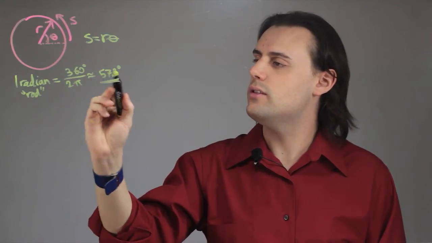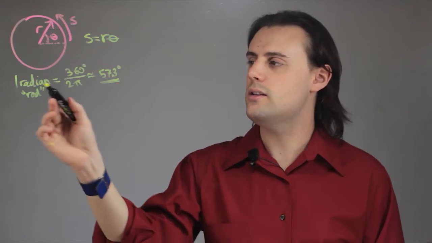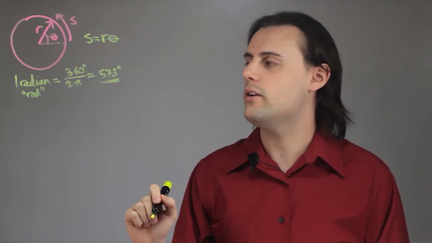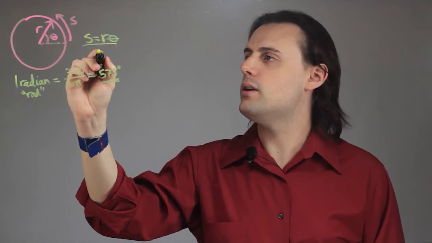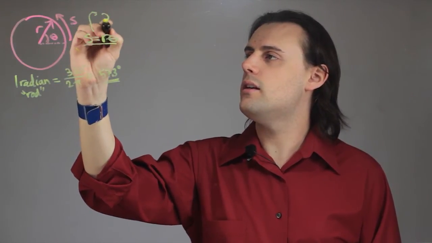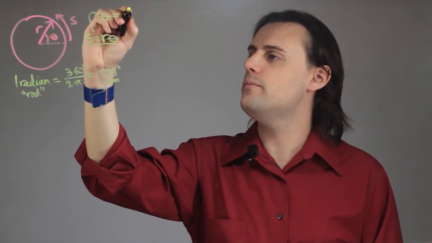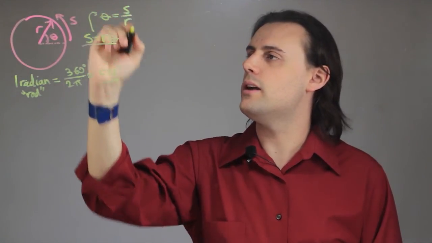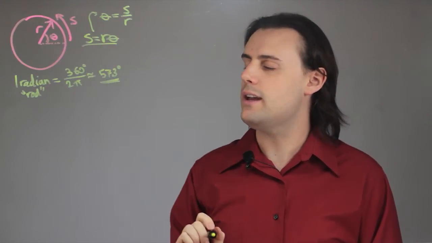So you can use this conversion, this equivalence between degrees and radians if you so desire. Now, because of this relation, we know that the angle is viewed as a ratio of the arc length divided by the radius. So as this arc length increases, so too will the angle.